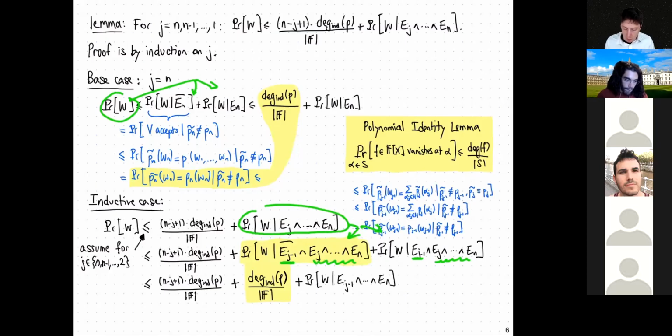So what is the probability that the prover convinces the verifier, given that in the j-1th round the prover sent the incorrect partial sum? Well, if the prover wins, it means that at minimum it must have passed the check in round j-1. This is the check in that round. And we're assuming that it sent the incorrect partial sum, but crucially, in the next round, it did send the correct partial sum.